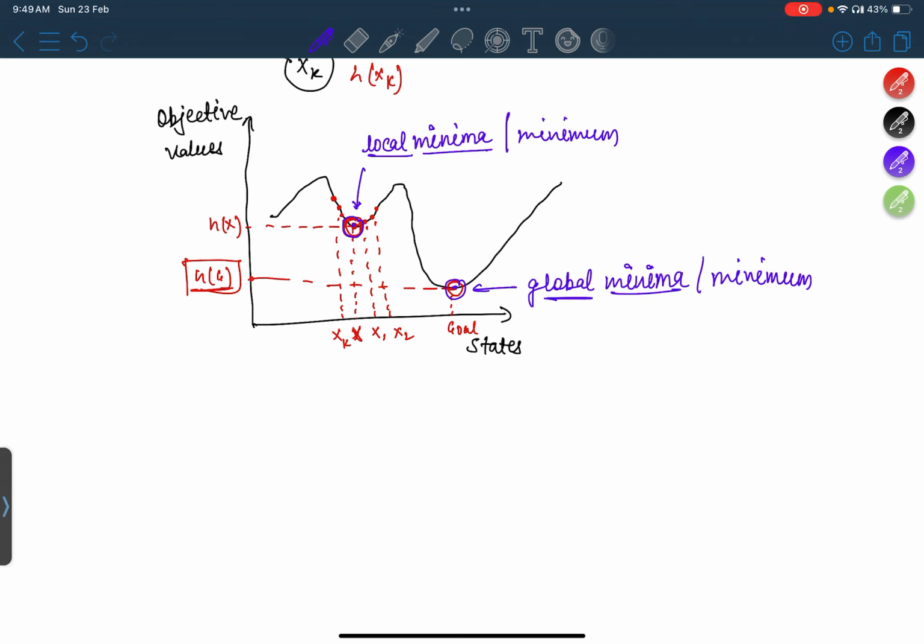Similar to local minima and global minima, there are also local maxima and global maxima: this can be thought of as a local maxima, and if I extend it further, this can be thought of as a global maxima.